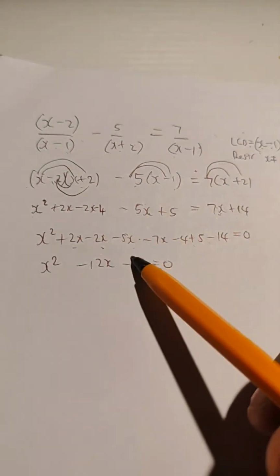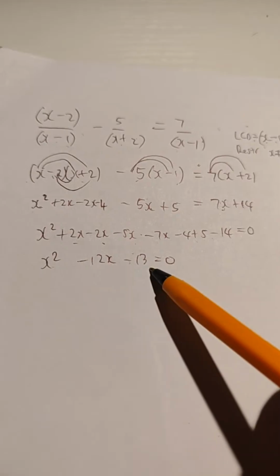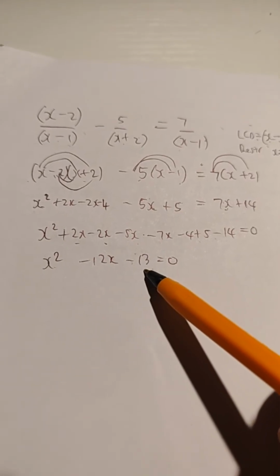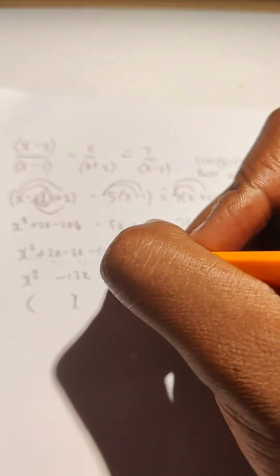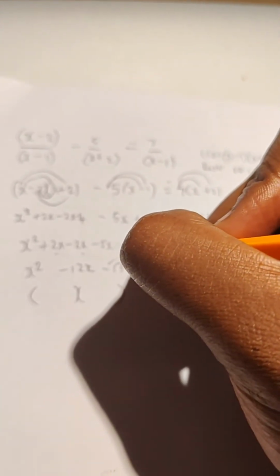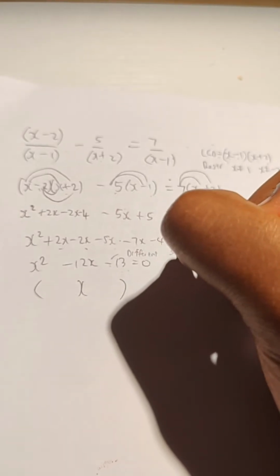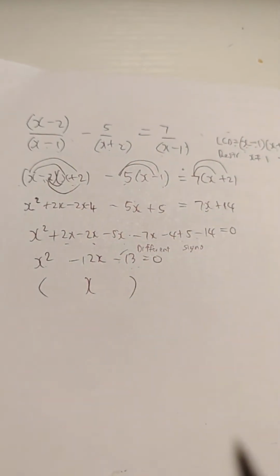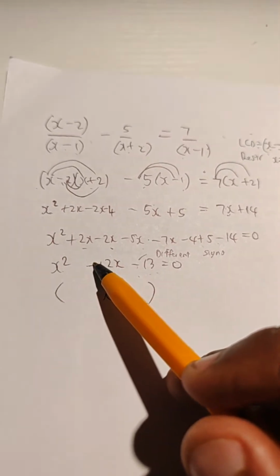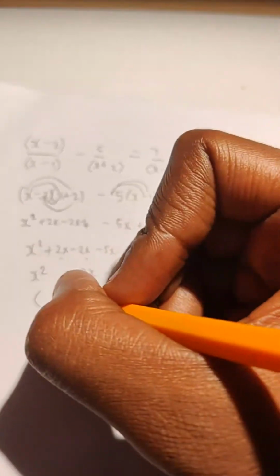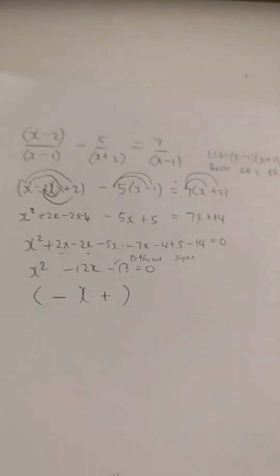Okay, now this trinomial, the last term is negative. What does that mean? In your brackets, when you open them, you are going to have different signs. Okay, different signs. But this negative sign, the highest factor is going to have a negative sign. So we are going to have negative, positive. Those are different signs.